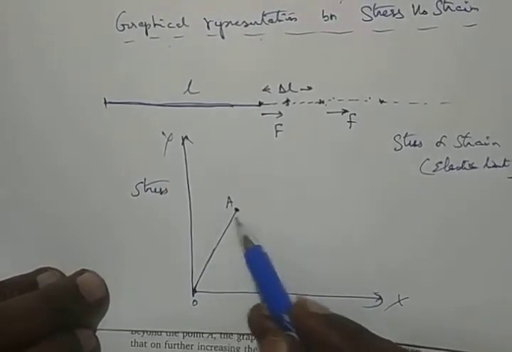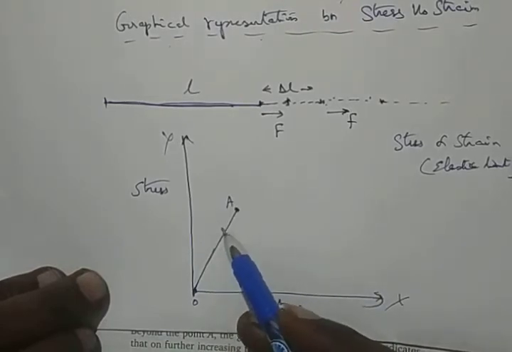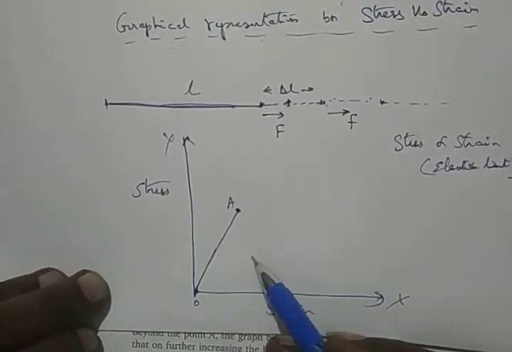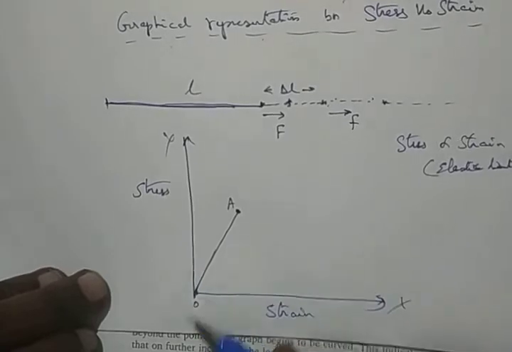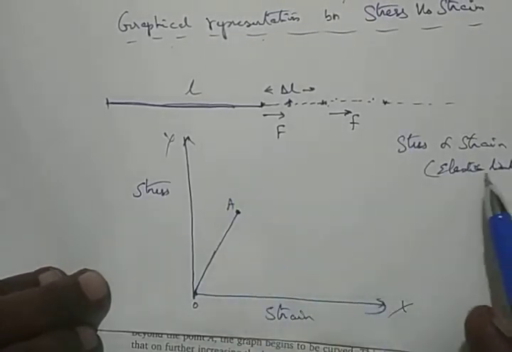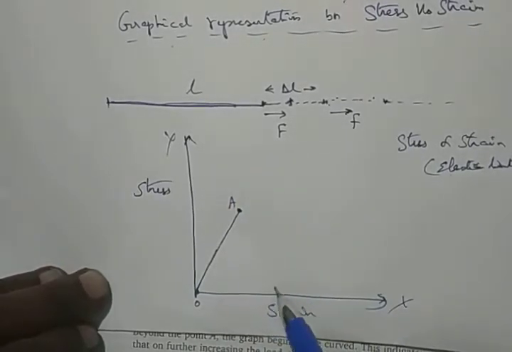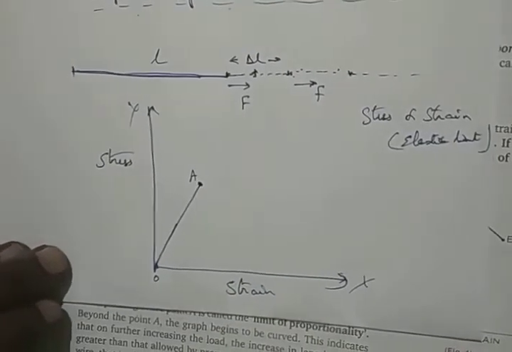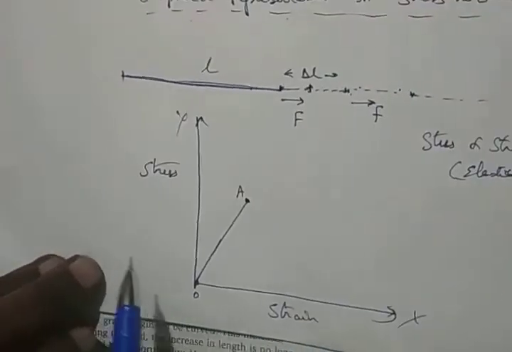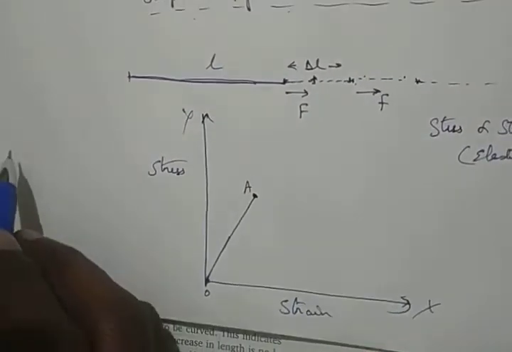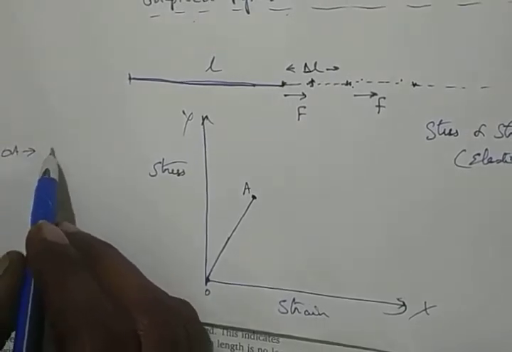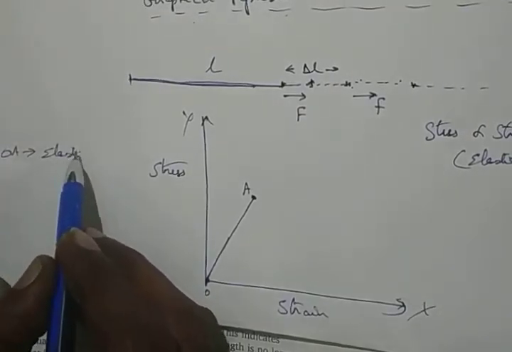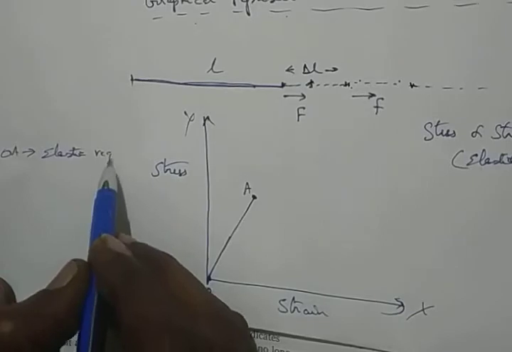Stress is proportional to strain. You increase the stress and automatically strain also happens. You leave it, and immediately it goes back to the original position. So this region OA is called the elastic region.